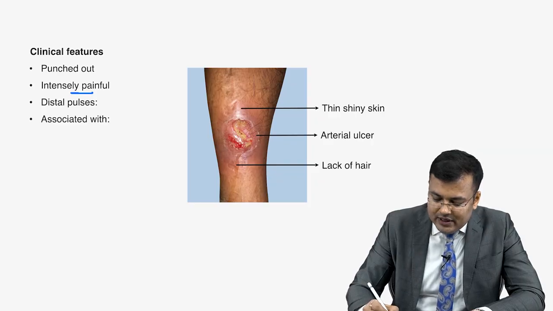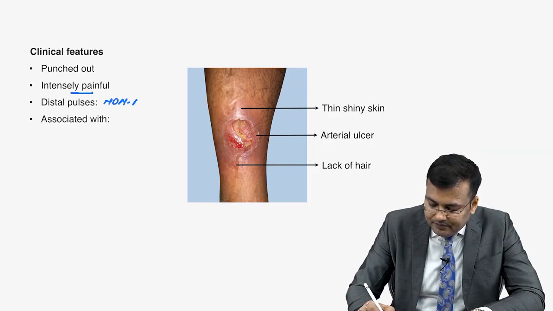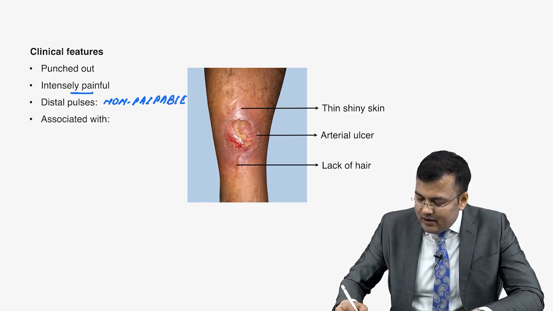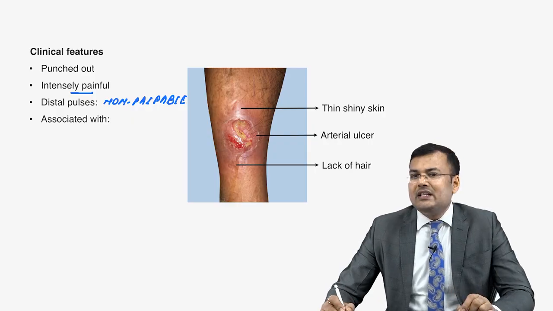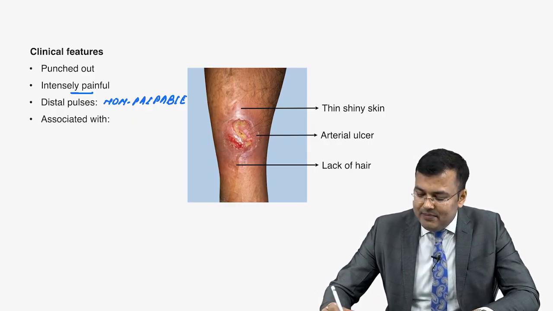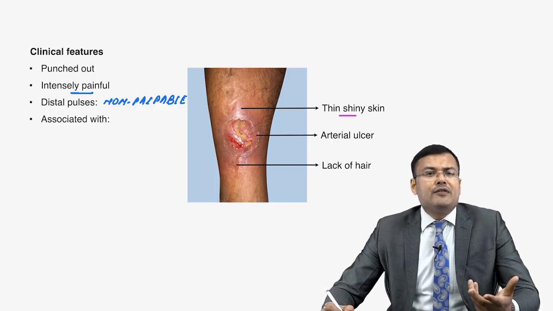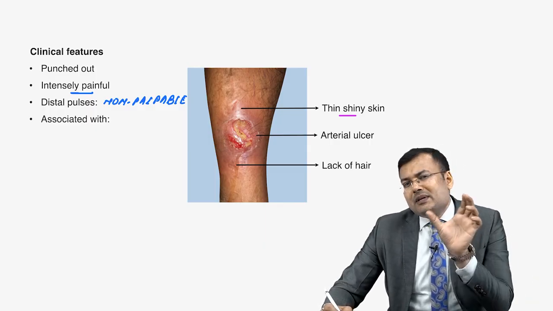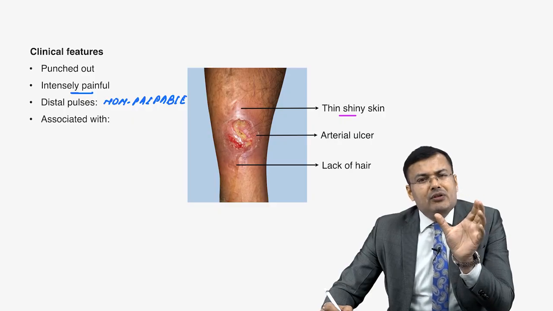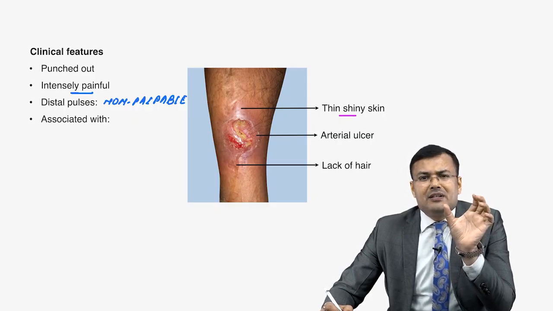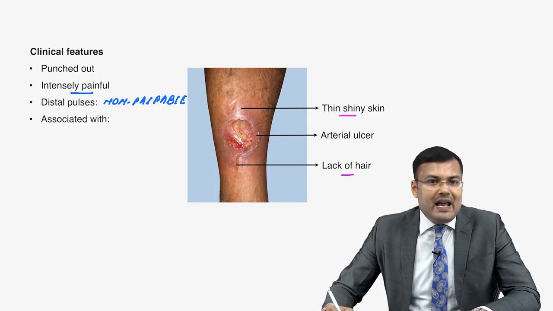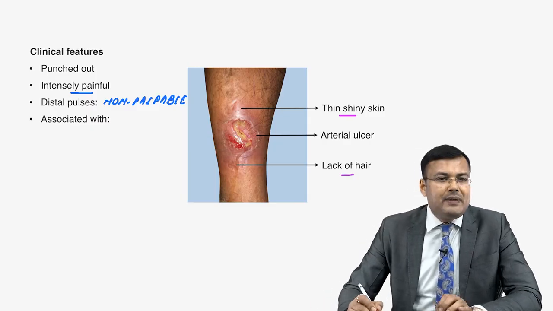Distal pulses are usually non-palpable. Another thing, you are going to notice the signs of ischemia, like thin, shiny skin because of loss of subcutaneous fat. There will be muscle atrophy, so the girth of muscle will be lesser. What else? There can be loss of hair and brittle nails.